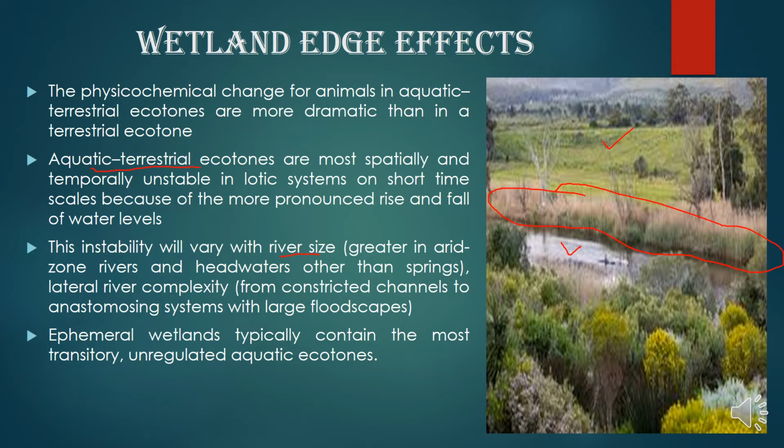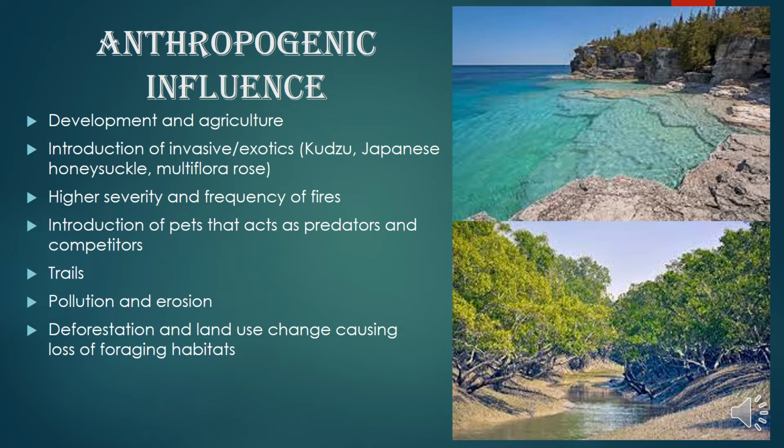Also, if the water body is ephemeral, that is a very short-lived water body, then also there will be a pronounced edge effect of having reduced species. So there are many anthropogenic influences that affect the edge effect, that affect the edge species.